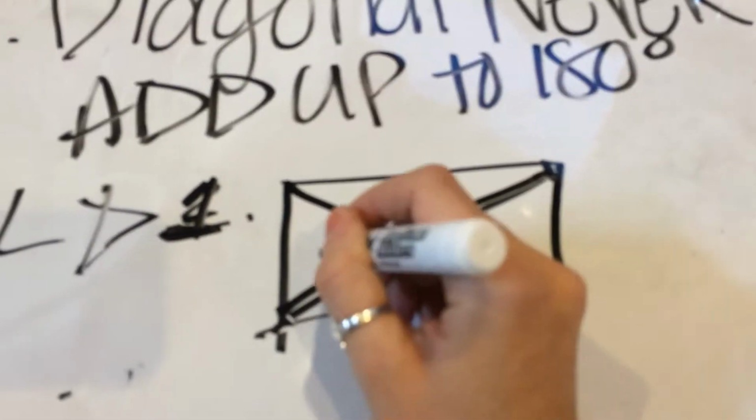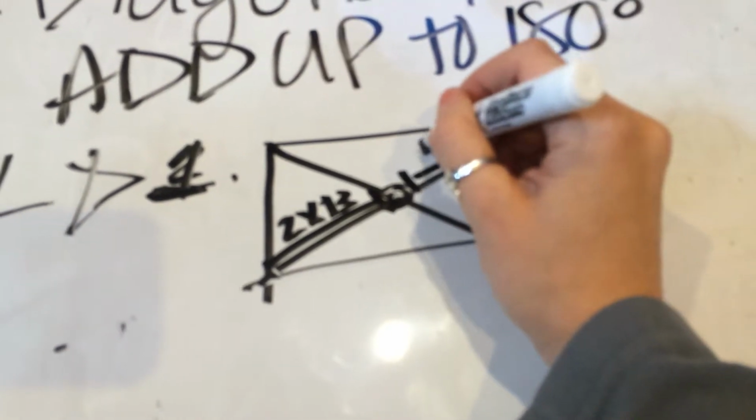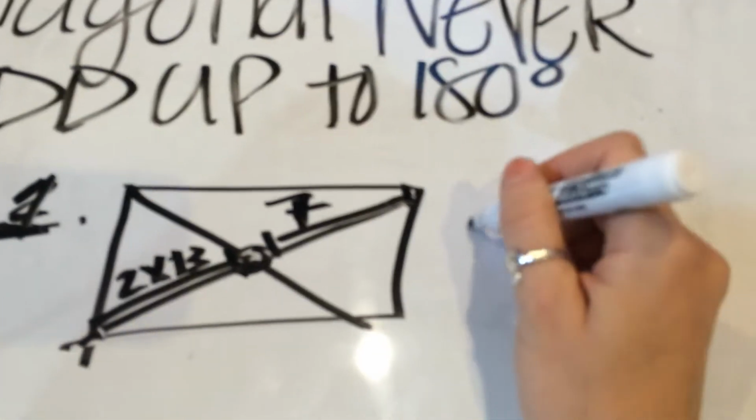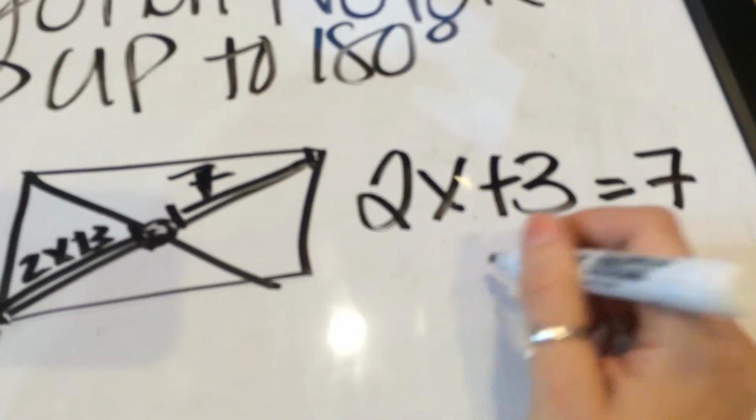They're giving us this length and this length. So this is 2x plus 3. This is 5. Nah, let's make it 7. They equal each other. So it's going to be 2x plus 3 is equal to 7. They equal to each other.